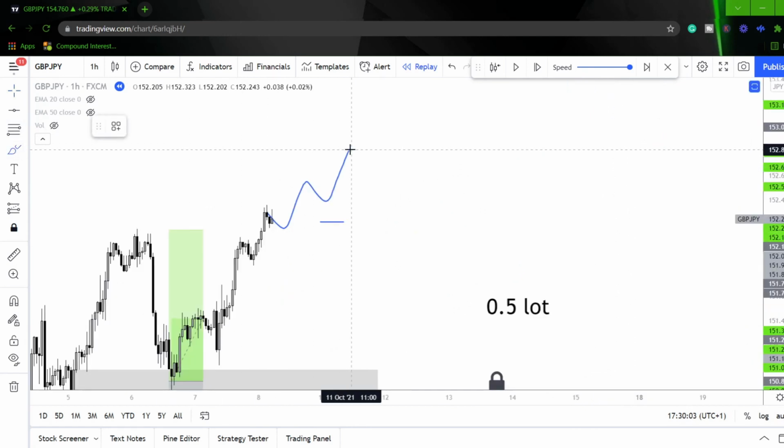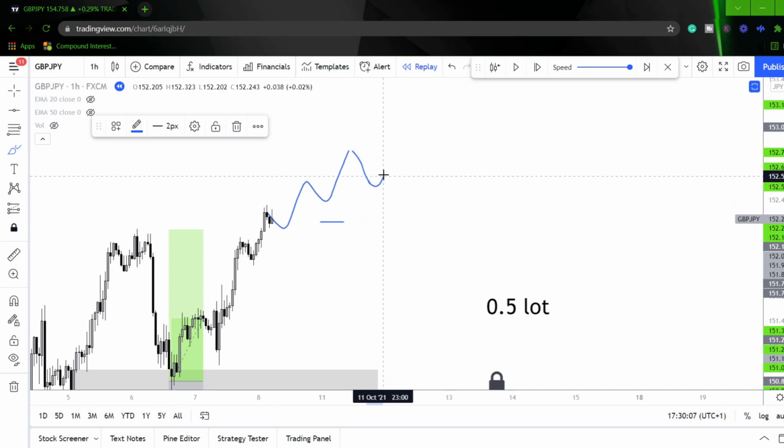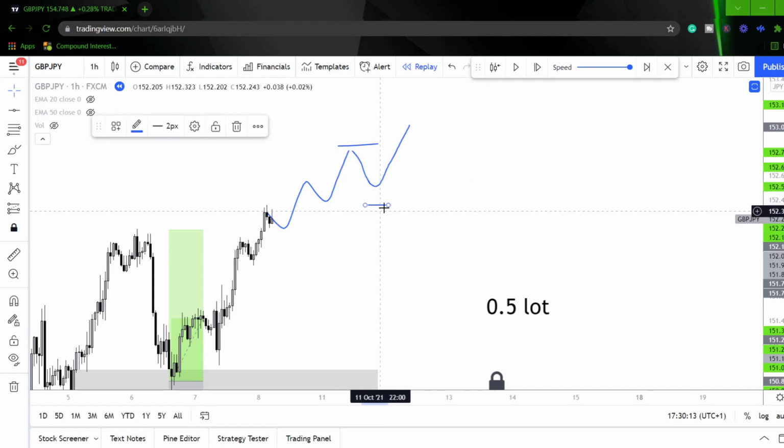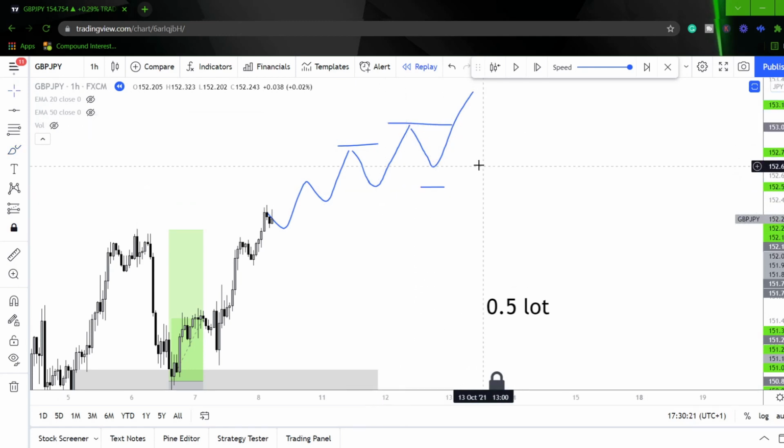So as price pulls back, we don't want to roll our stop until we get a break above these highs, and then we can roll our stop to the most recent outside return. Pull back, an extension above the highs, roll our stop beyond the most recent outside return.